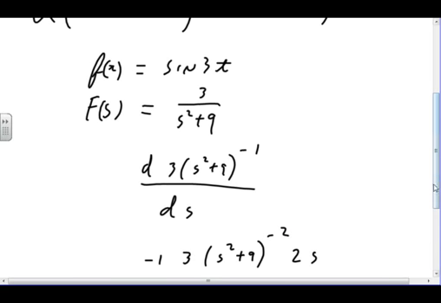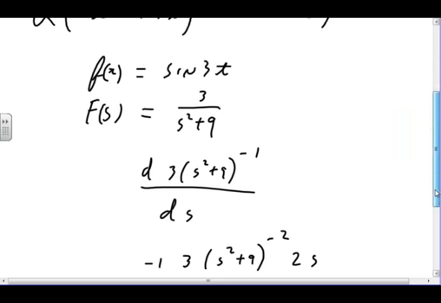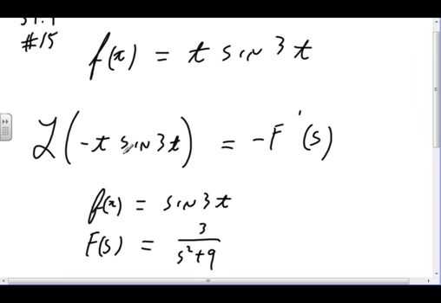How did you get the f of t equals sine of 3t? It's sitting right there, sine of 3t, plain as day. What happens to the negative t? So on page 299, it says the Laplace transform of minus t f of t is equal to the derivative of the Laplace transform f of s. Okay, so f of t is sine of 3t. That I have a minus sign missing from this is interesting.